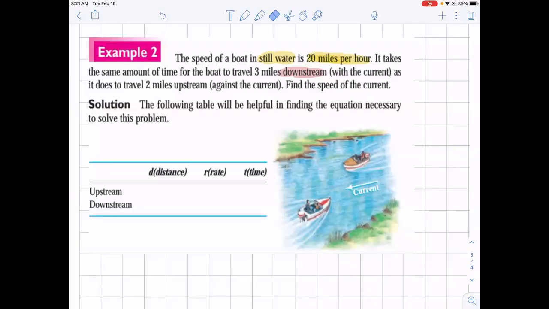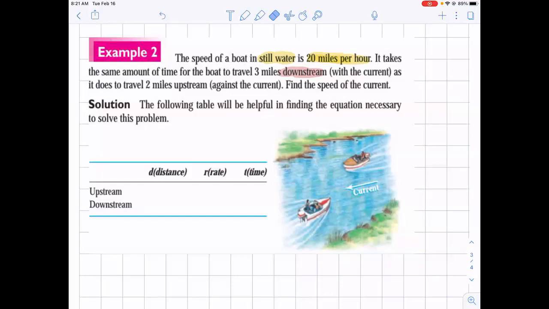As it does to travel 2 miles upstream. So you'll notice that traveling against the current, you move less of a distance, which makes sense. We walk against wind and with the wind. If the wind is blowing against you, you will notice that you have to fight or struggle to walk.